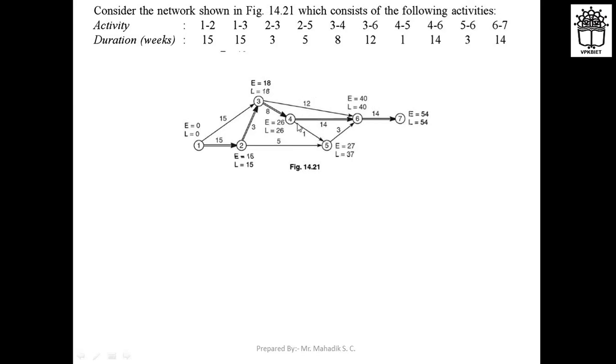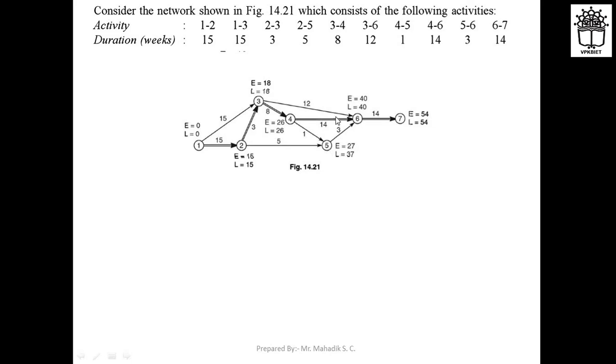For 4 to 5, the duration required is 1 week. For 4 to 6, the duration required is 14 weeks. For 5 to 6, the duration required is 3 weeks, and for 6 to 7, the duration required is 14 weeks. Like that. So like this, for each activity the durations are mentioned here on the arrows, and activities are taken on the nodes.